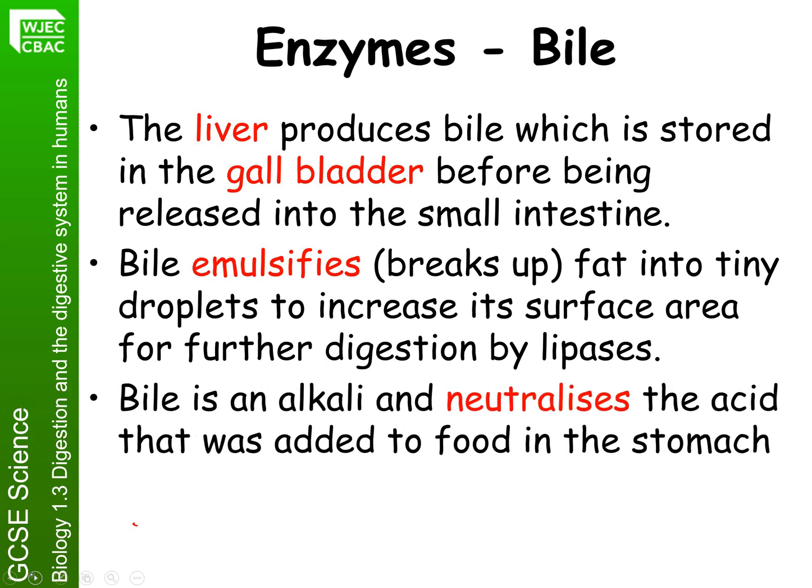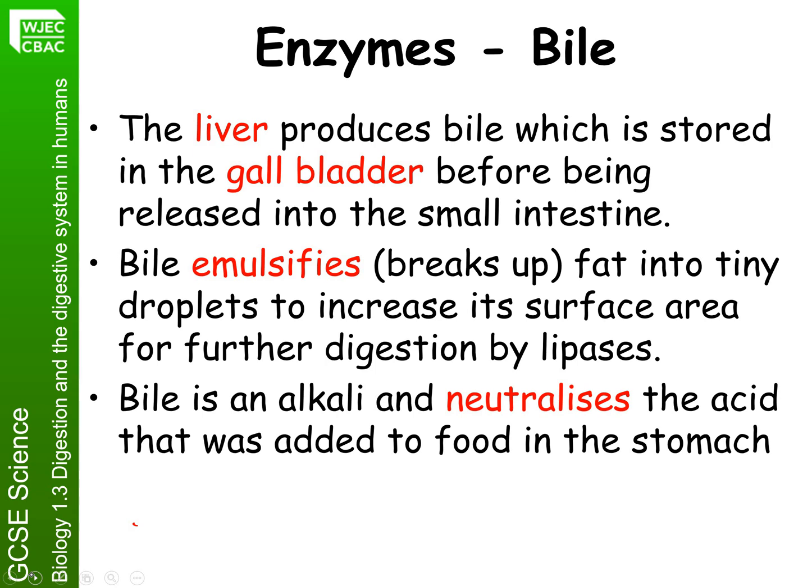The second function of bile within the digestive system: bile is an alkaline substance. It neutralizes the acid from the stomach. So as food passes from the stomach into the small intestine, it is acidic.